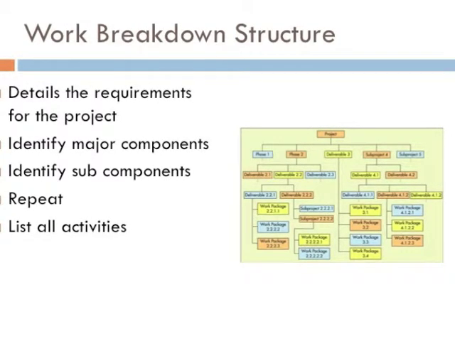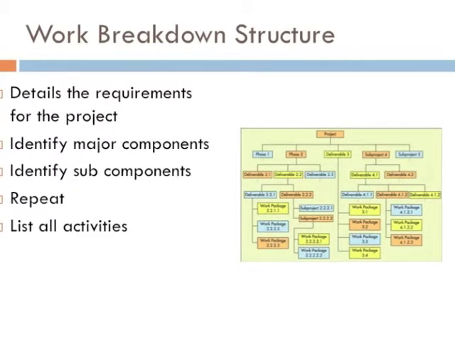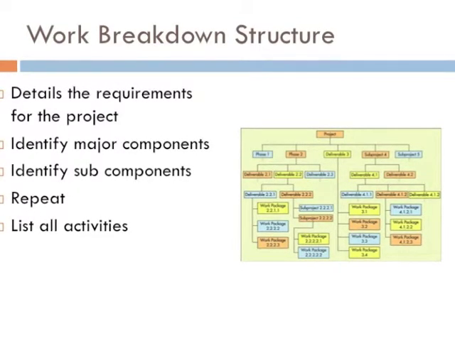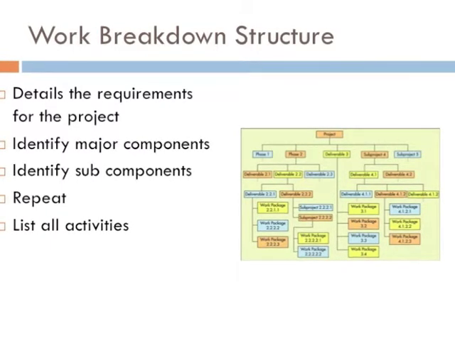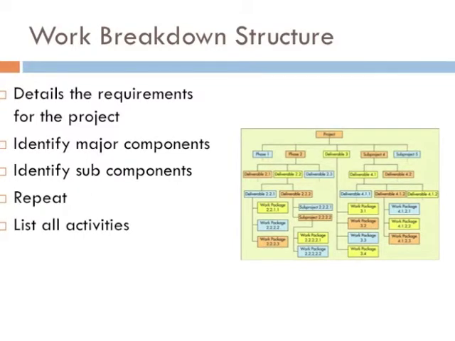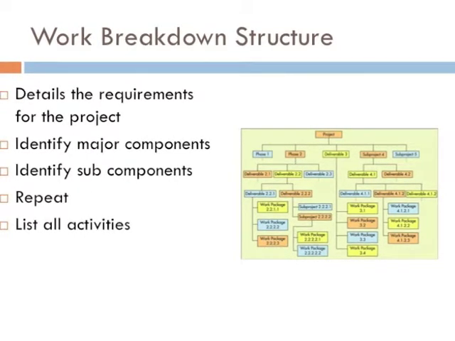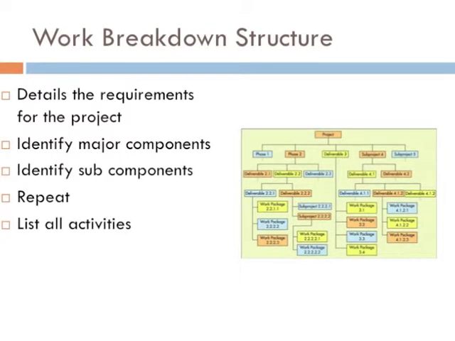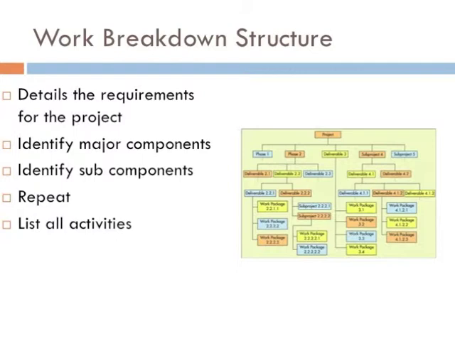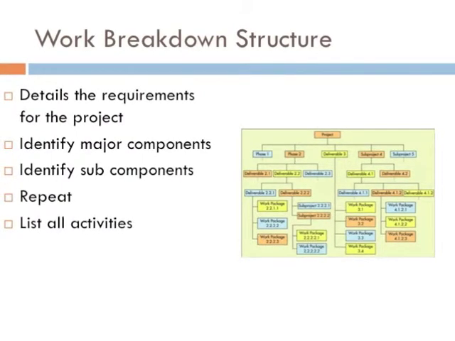The next step is to identify the major subcomponents for each of these major components. This process is repeated until each subcomponent is decomposed into work packages. A work package can be performed by a worker, team, or subcontractor. Then each work package, possibly with assistance from the worker, team, or subcontractor, is broken down into a list of activities that will be needed to accomplish it.